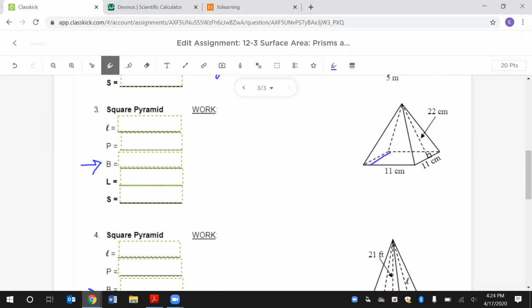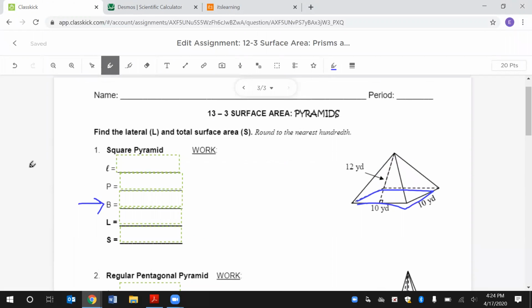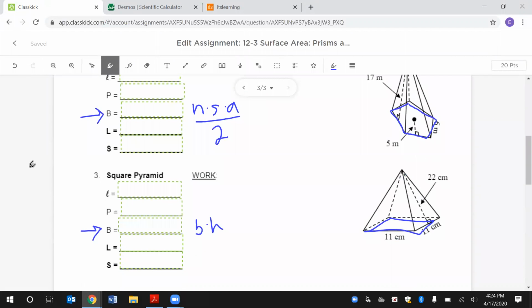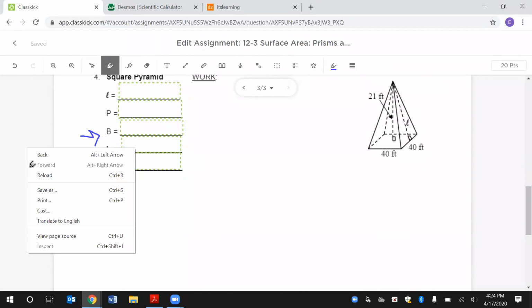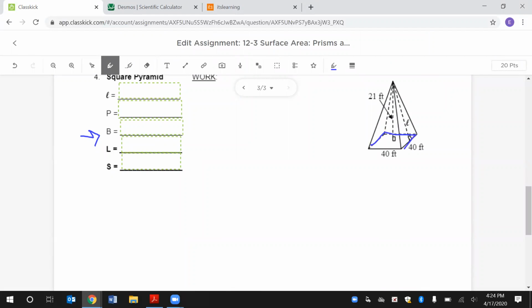Here again, your base is a square, so you use the formula for a square, base times height. And the last one, same thing, is again a square, so base times height.